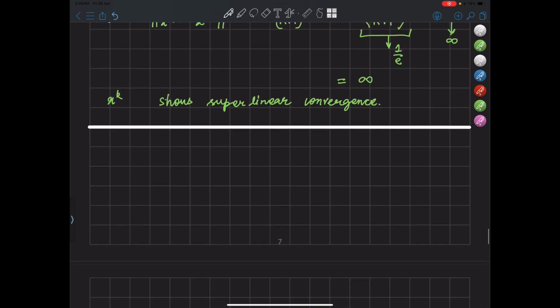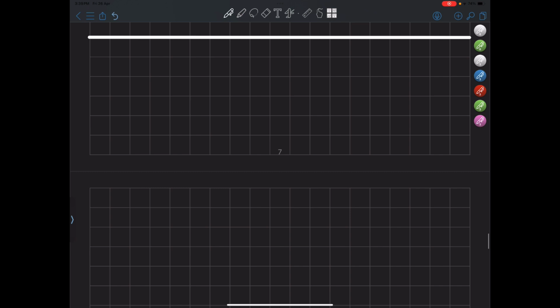Okay. Now, to analyze the convergence of the functions, sometimes error functions are used. Error function is basically, normally it is something like how much is the distance, where xk is your current iteration and x star is your local minimum.